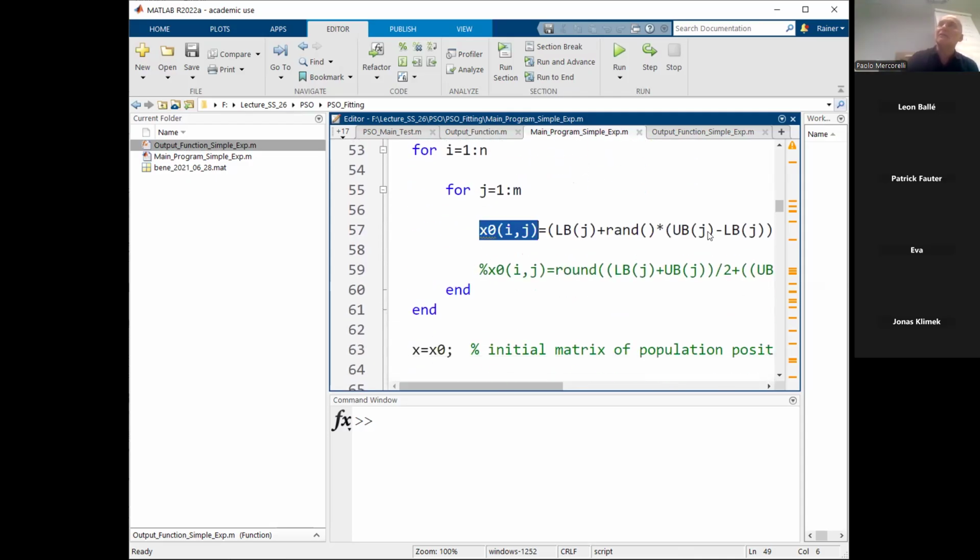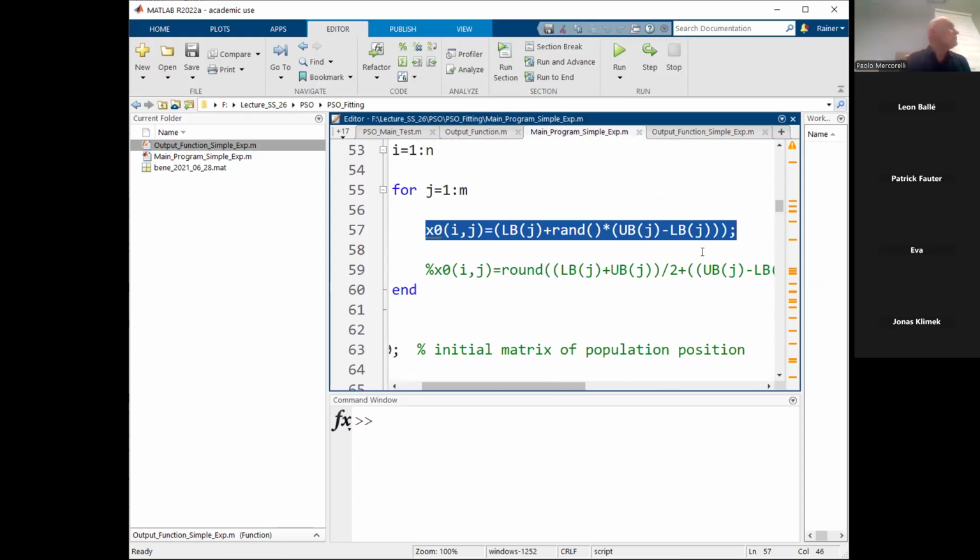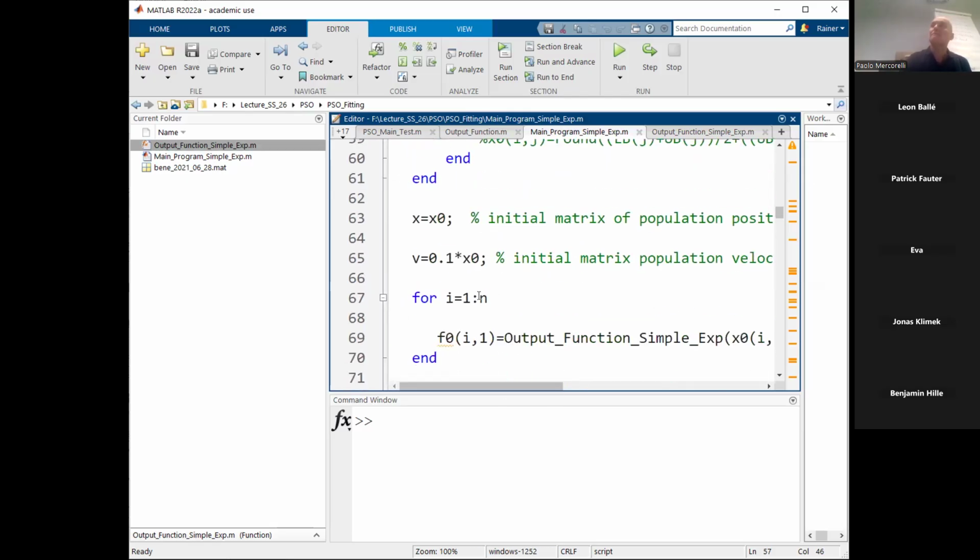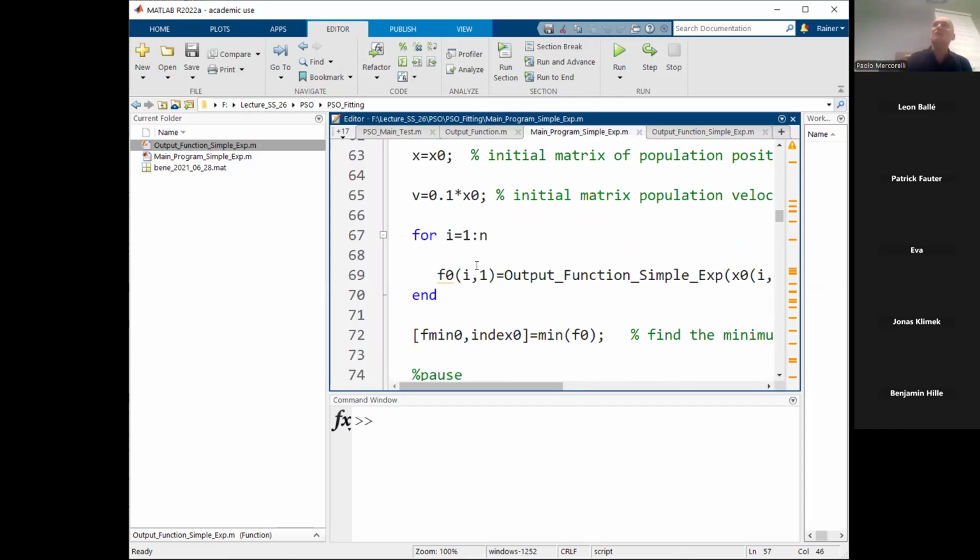Look at this, for instance. This is the random initialization of the swarm. It's exactly the same. I use exactly the same. Look here. Preliminarily, in the initialization part, I calculate the output function, which is another name, at the swarm.